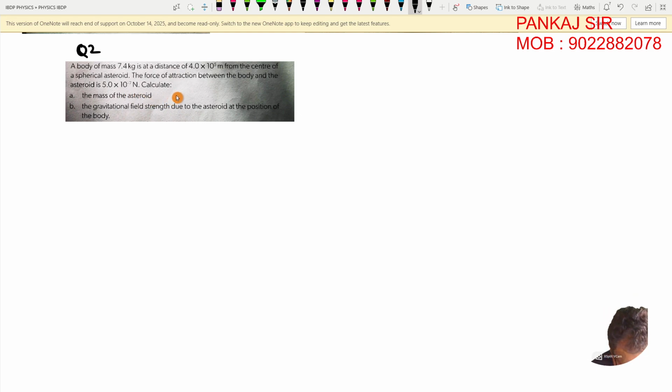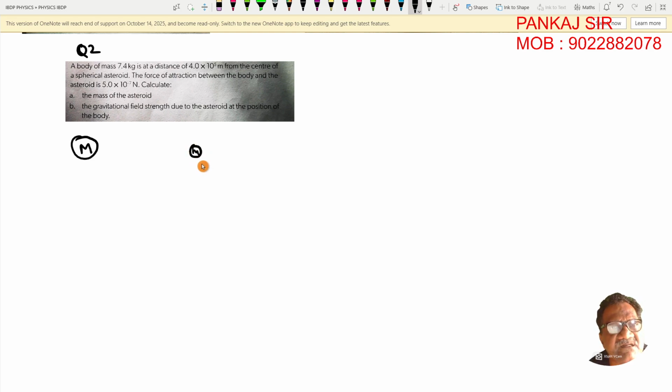Calculate A, the mass of the asteroid, and B, the gravitational field strength due to the asteroid at the position of the body. Okay, so he is talking about an asteroid which is having a mass, say capital M, and a body of mass 7.4 kg, another mass small m.